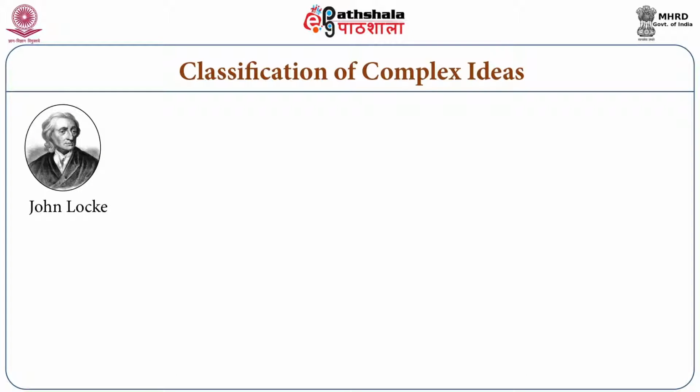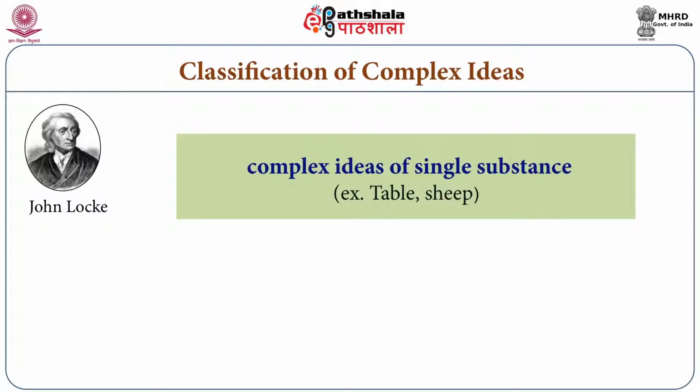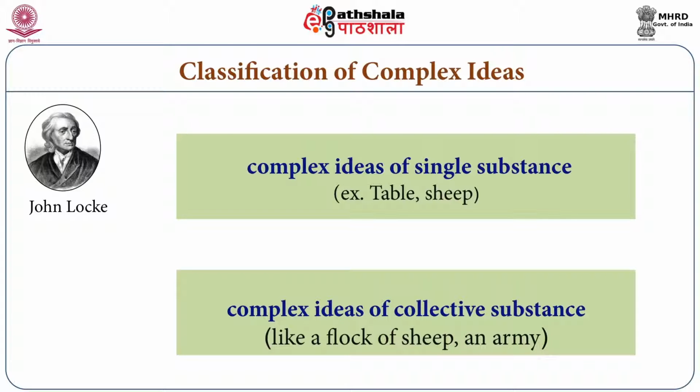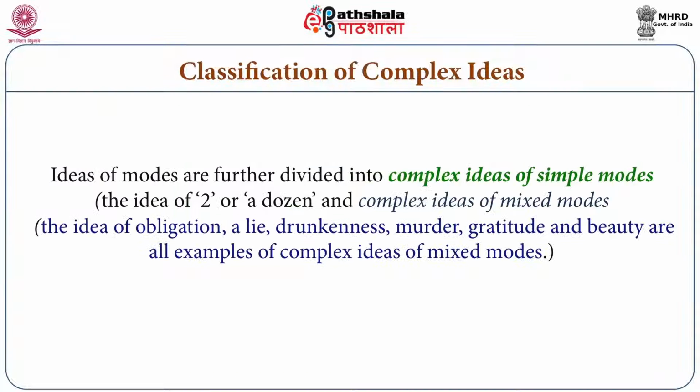Locke further classifies complex ideas of substance into two categories, namely complex ideas of single substance like table and sheep, and complex ideas of collective substance like a flock of sheep or an army.